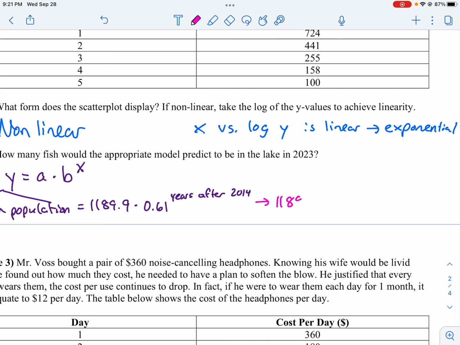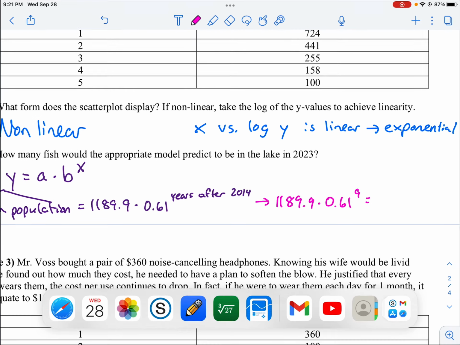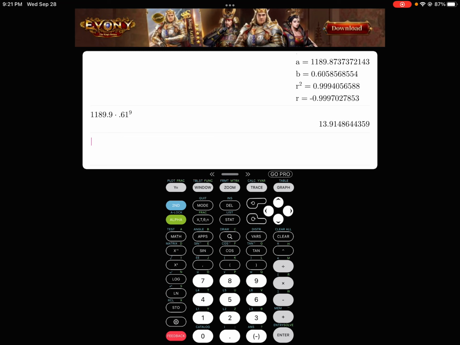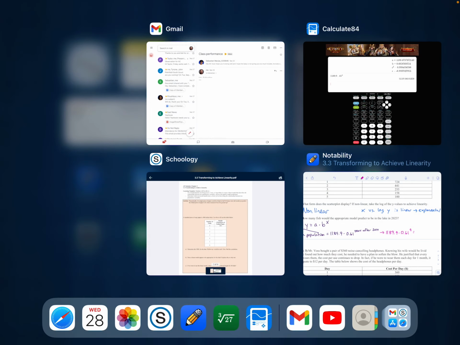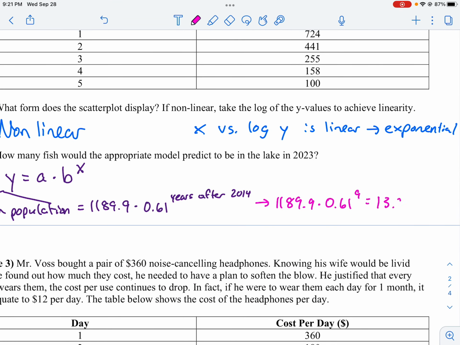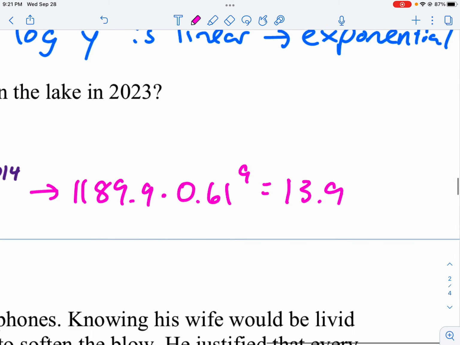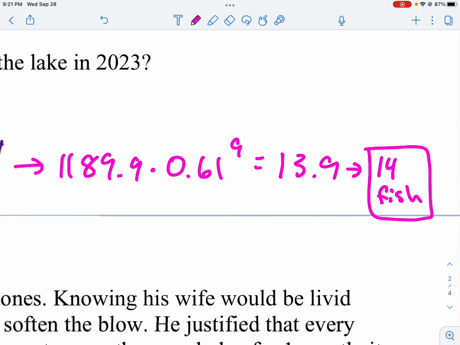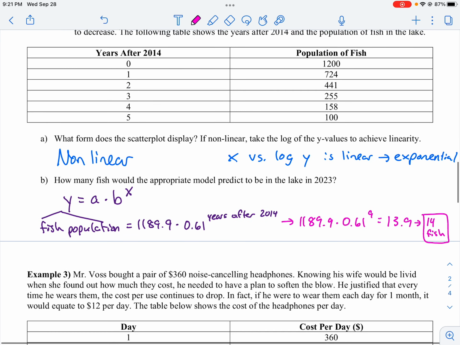So 1189.9 times 0.61 to the 9th is 13.9. Okay, so essentially, because we're talking fish, the model predicts that in 2023, there will be about 14 fish left in this lake.